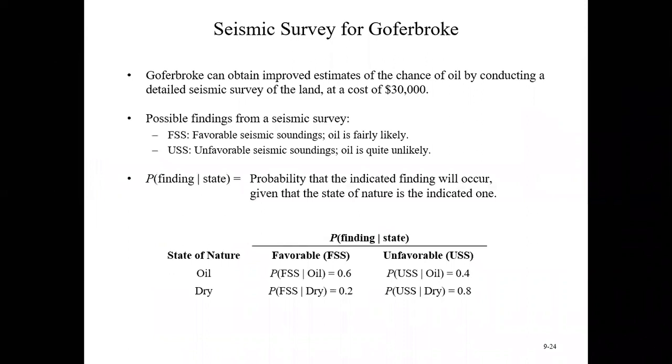So when we are dealing with posterior probabilities, we end up having something that looks like this. This probability, which is an adjusted probability, is basically read as the probability that a given outcome will occur, given that the specific state of nature you're looking at is the true indicated one.